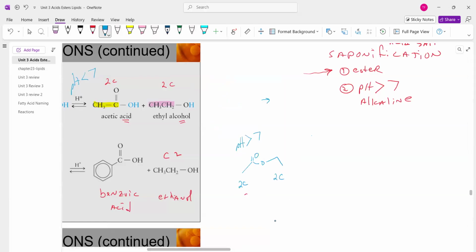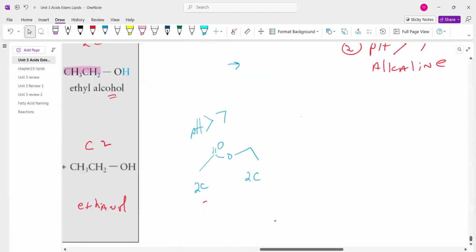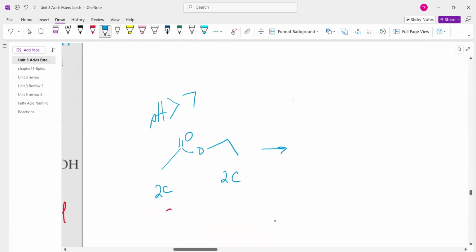So what we're going to do is make it bigger. So this is the acid side, alcohol side. So with pH greater than 7, we're going to end up with the salt. So let's say this is potassium hydroxide. Let's put those in too. Okay, so we have the alcohol and we have the acid.